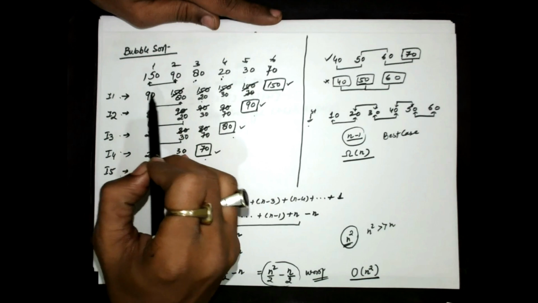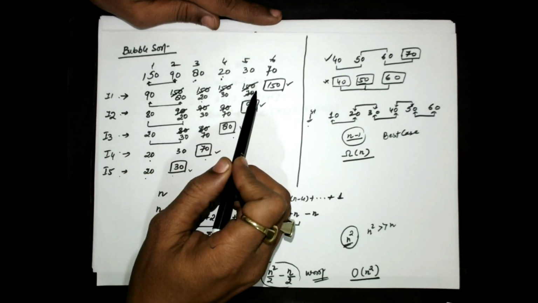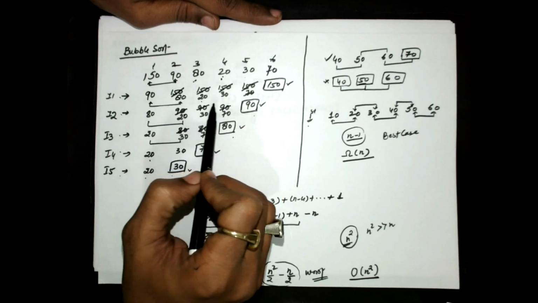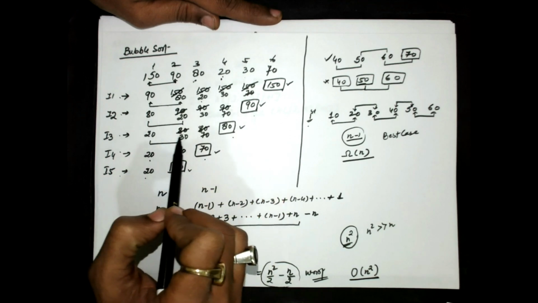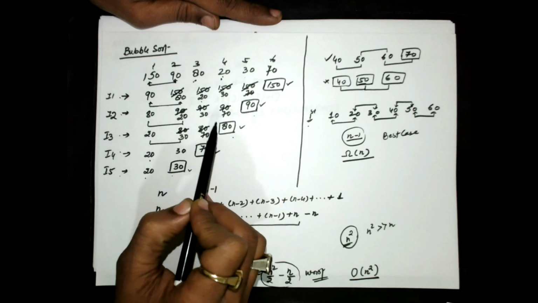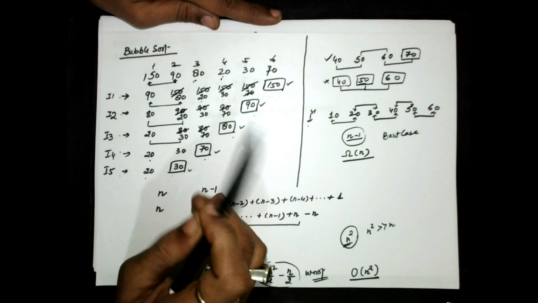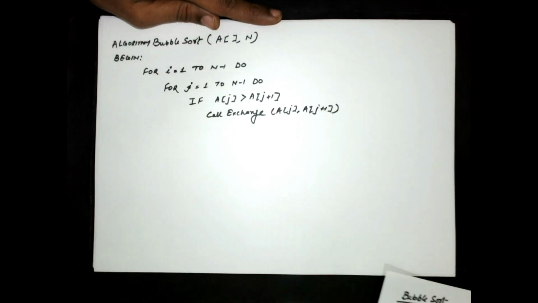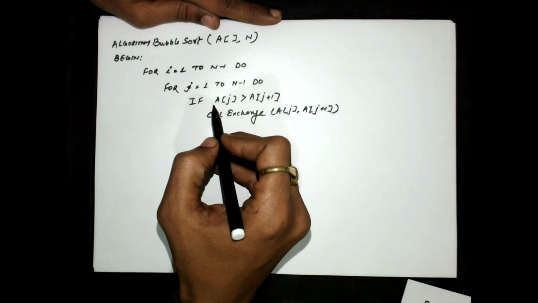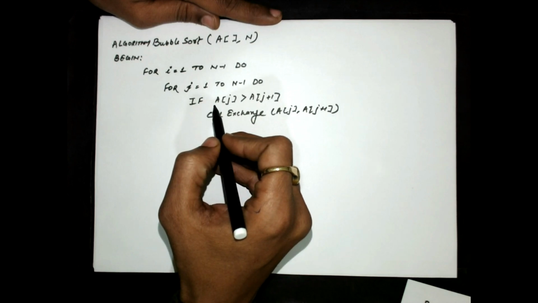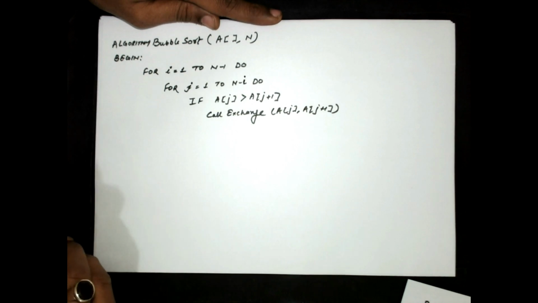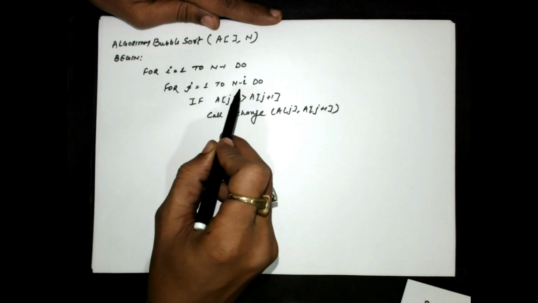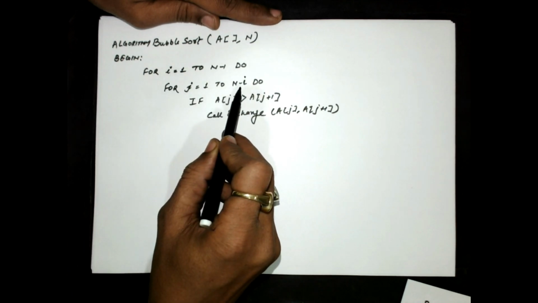But in the first iteration, we are making n-1 comparisons. In the second iteration, I am making one less comparison. In the third iteration, I will make one less comparison than the second iteration. So the number of comparisons is reducing with every iteration. So I am making here n-i. If the value of i is 1, n-i will be n-1.